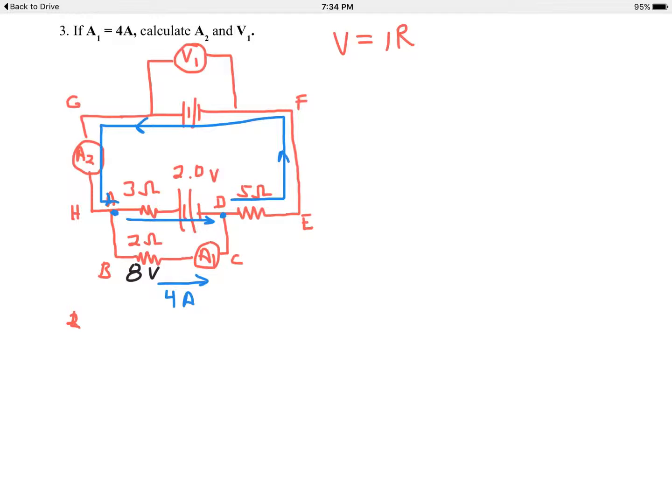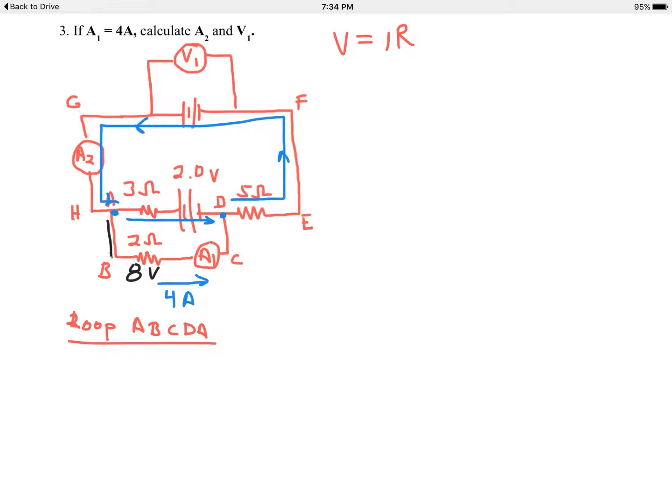So in that loop, if I look at the loop A, B, C, D, A, in that order. In other words, if I go around that loop, if I take a walk from A to B to C to D to A, a lot of times I'll just draw that on there, but it's going to get really messy if I do that now, but I will lightly try to do that.